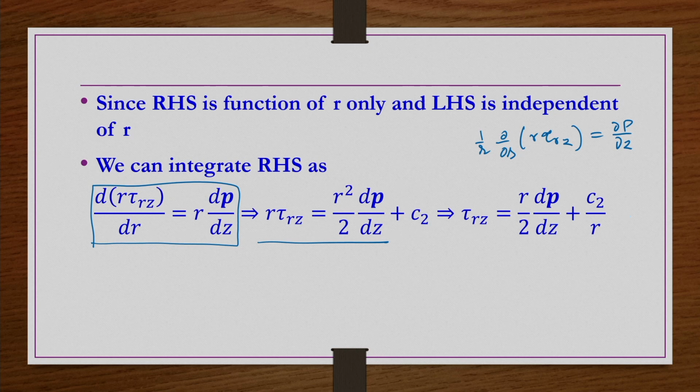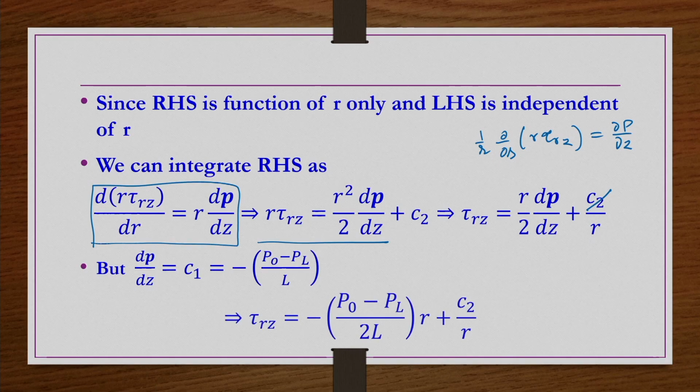So, now what happens here: for any value of r, tau rz cannot be infinite as per the continuum hypothesis, and we are doing all these problems under the assumption of the continuum hypothesis, right. So, C2 has to be 0, because if you substitute r is equal to 0, then it will become infinite, which is not acceptable.